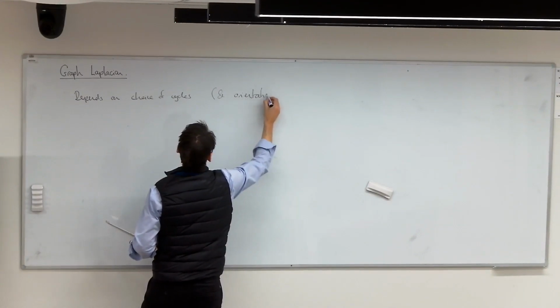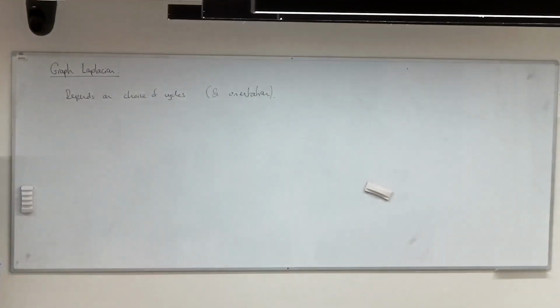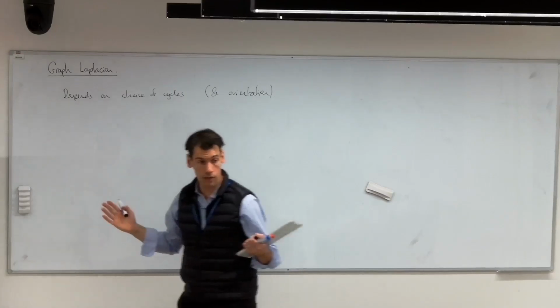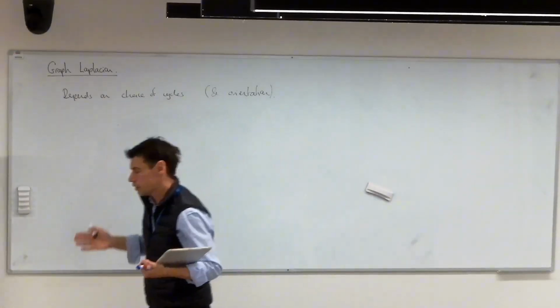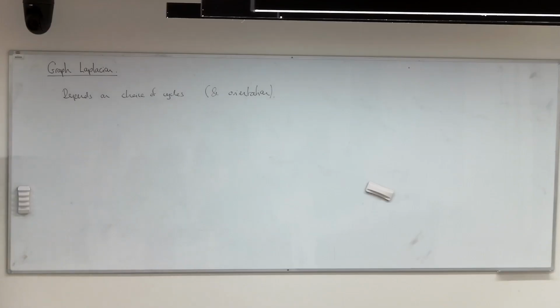The orientation just changes some signs. It's not very important. Changing the cycle basis is like multiplying on the left and the right by a change of basis matrix, because we've changed the basis of a vector space, a Z module if you like. So it's like multiplying by a matrix, just like conjugation.